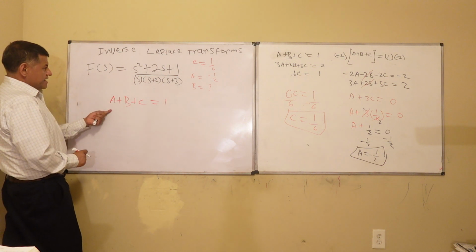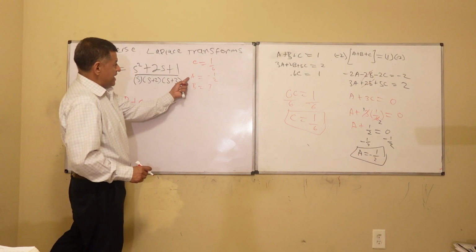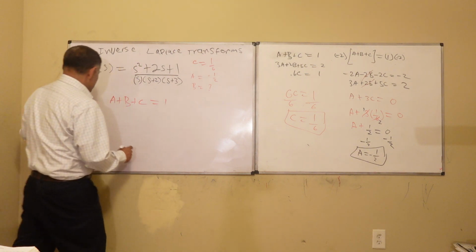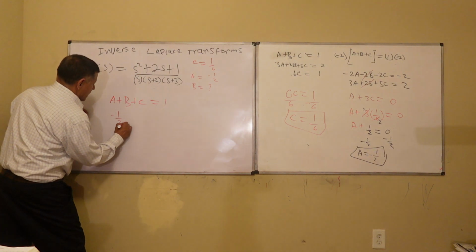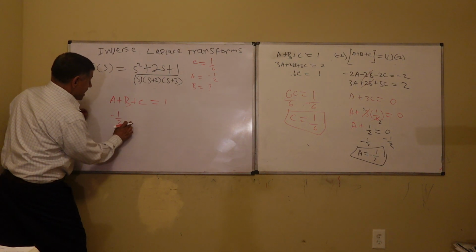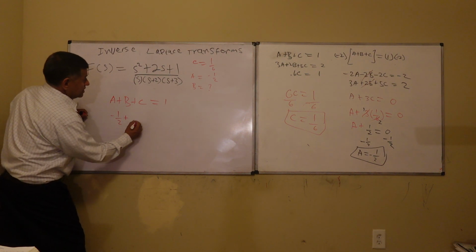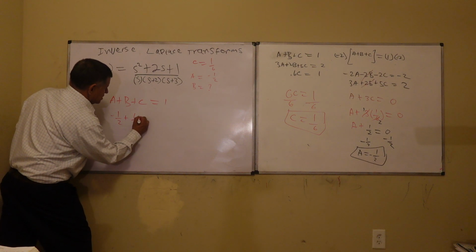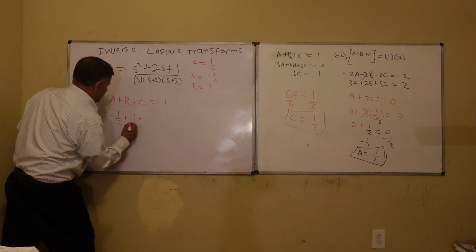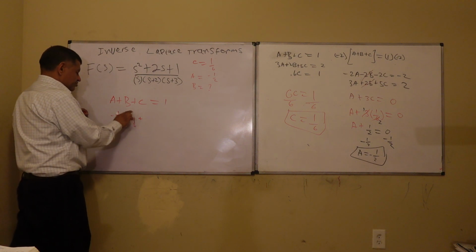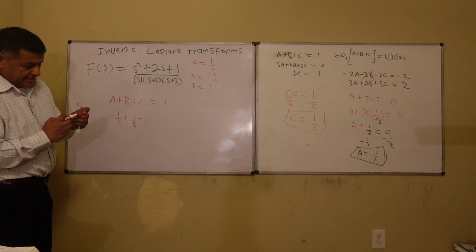Now I have A and C, so I got negative 1/2 plus 1/6 plus. Okay, so let me just do it in order. I don't want to confuse anybody again.